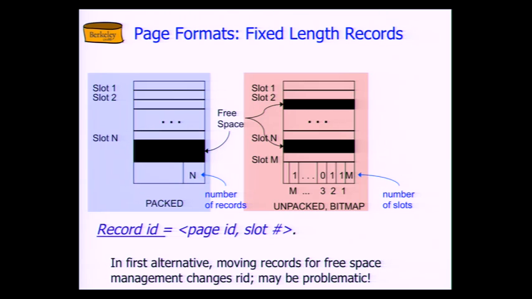All right? The other thing you might do instead of that is to choose not to compact free space as you delete tuples. And so you might have empty slots in this page for tuples. They're still fixed width. There's just some slots that are empty. And so you'll need some kind of bitmap at the end to say which ones are empty and which ones are full. And you might like to know how many slots there are on the page, although if it's fixed width, you could probably calculate that number m.